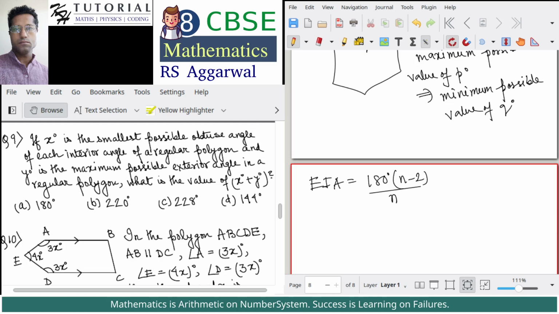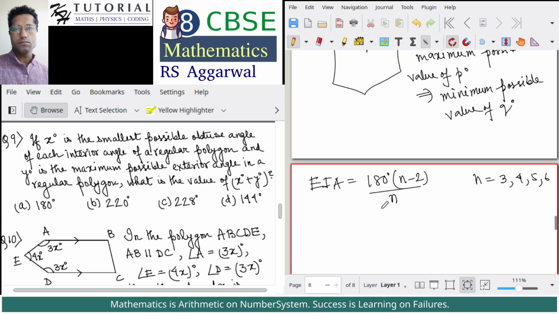Now when can this value be minimum? We know n can take values 3, it will start from 3, it can be 4, 5, 6. At which value of n will this interior angle, 180 degree multiplied by (n minus 2) divided by n, be minimum? We are trying to find the minimum possible interior angle of a regular polygon.